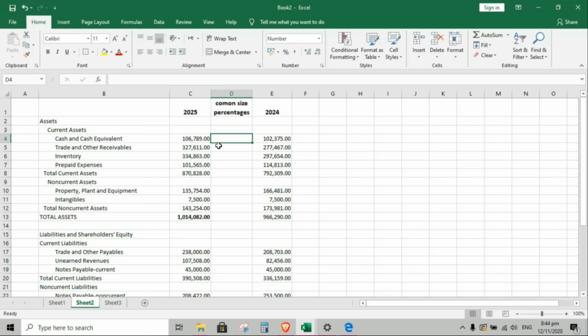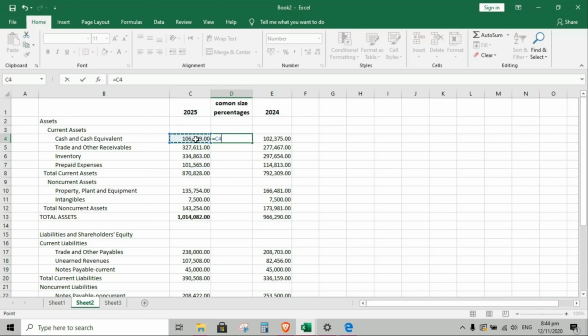Okay, so ulit, ano yung ating base item for the balance sheet? It's the total assets or the total liabilities and equities. Okay, so up here in the asset portion, yung total assets na natin. Kukumpute natin itong para sa cash and cash equivalent.